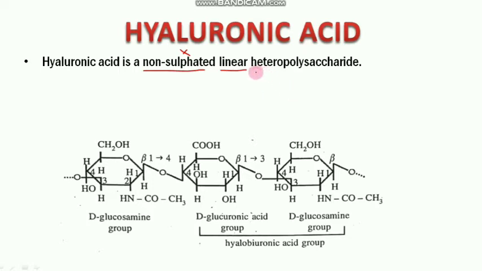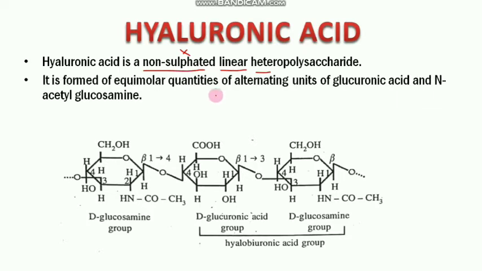So heteropolysaccharide, we know that there should be more than one type of component. So what are the components of hyaluronic acid? Hyaluronic acid is formed of equimolar quantities of alternating units of glucuronic acid and N-acetyl glucosamine.